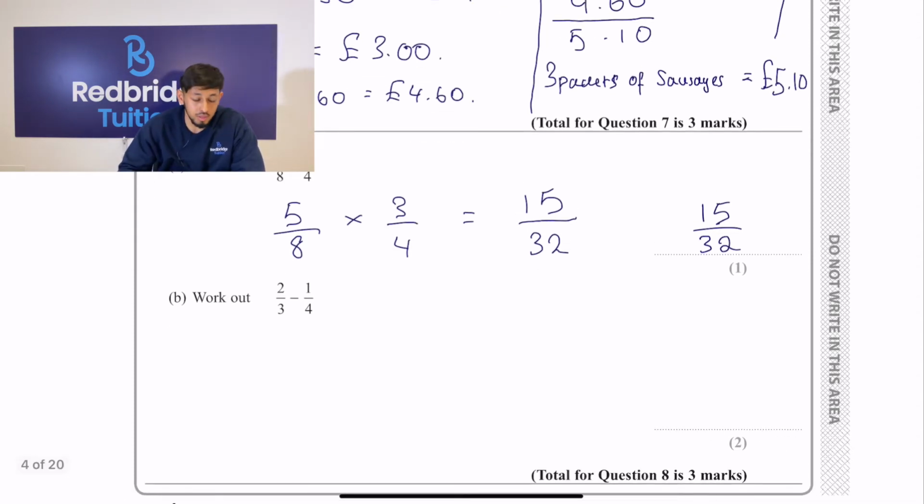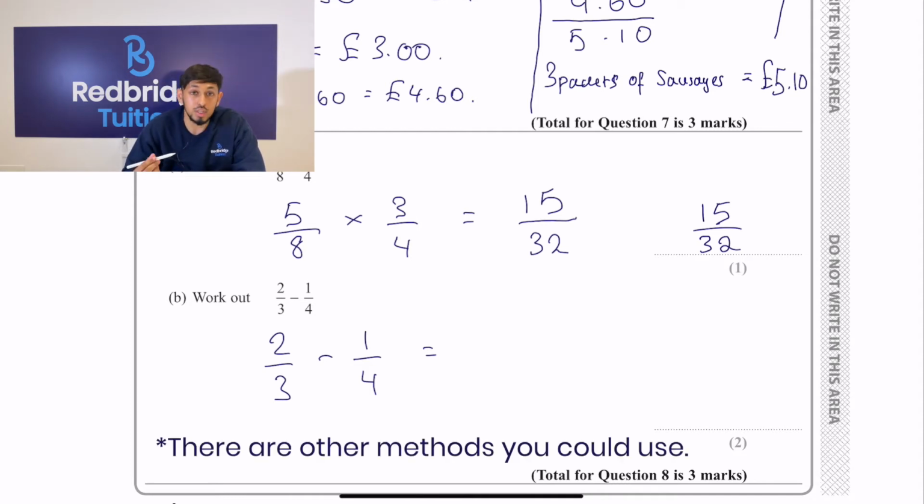Moving on to part B, we've got 2/3 take away 1/4. Now, when we subtract fractions from each other, we have to cross multiply. So we would times the numerator of the first term by the denominator of the second term. This would give us the first value of our answer.